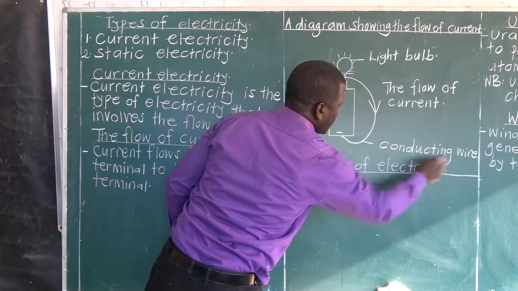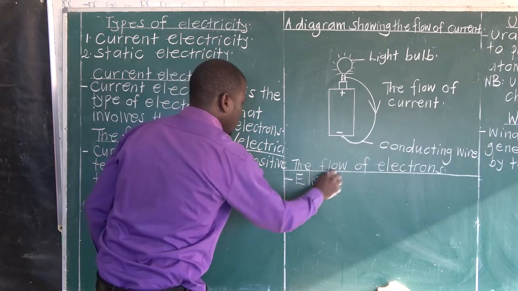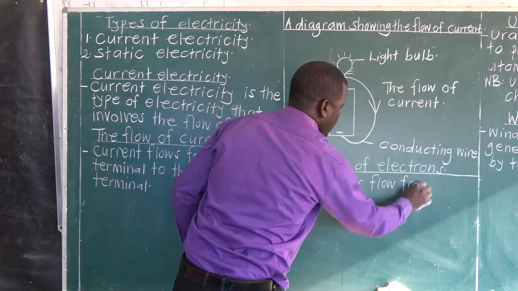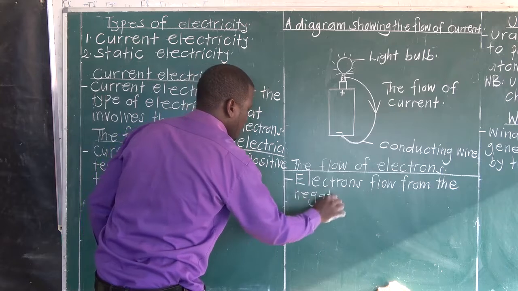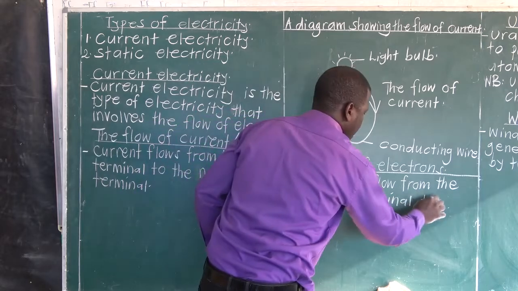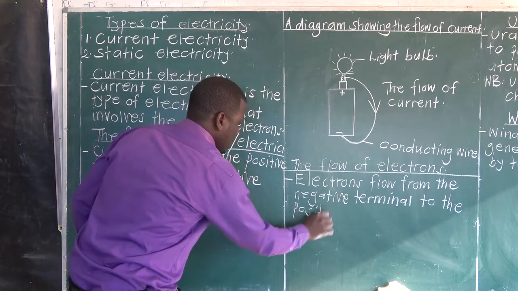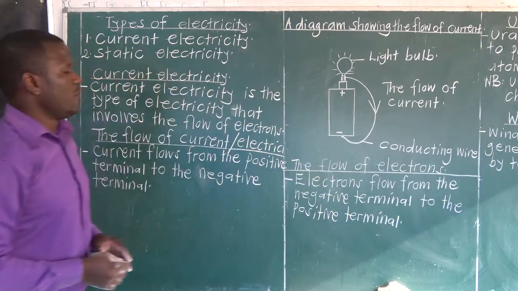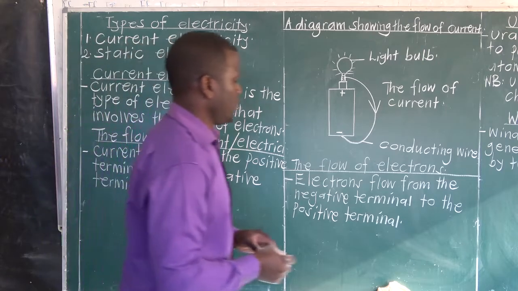Then we shall say electrons flow from the negative terminal to the positive terminal.